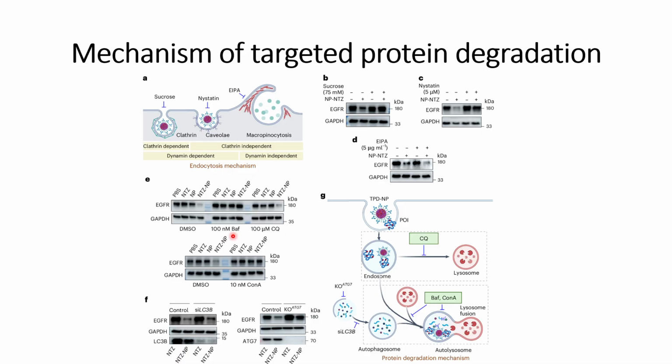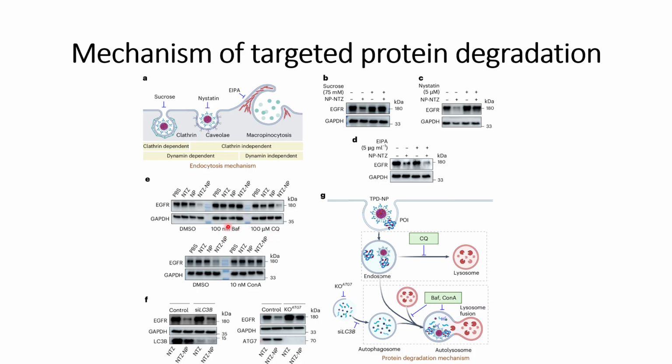What they are able to see is that with BAF, the EGFR recovery is very good, or almost no degradation occurs, whereas in the case of chloroquine they are still able to see degradation even with 100 micromolar concentration of chloroquine.